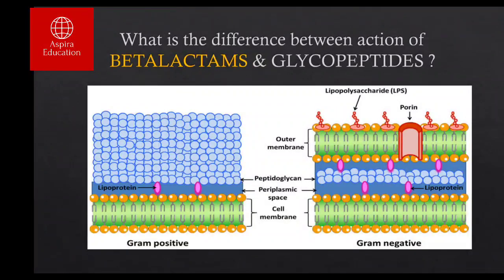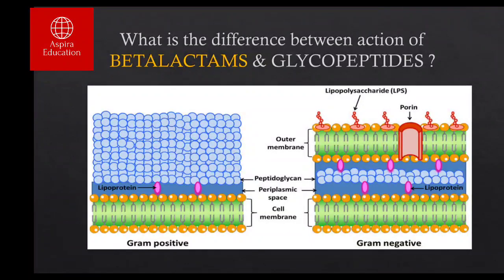Since, like I told, glycopeptides are large molecules, they cannot directly bind to the peptidoglycan chain in the case of a gram-negative bacterium because there is an outer membrane. So glycopeptide antibiotics are ineffective against gram-negative bacteria.